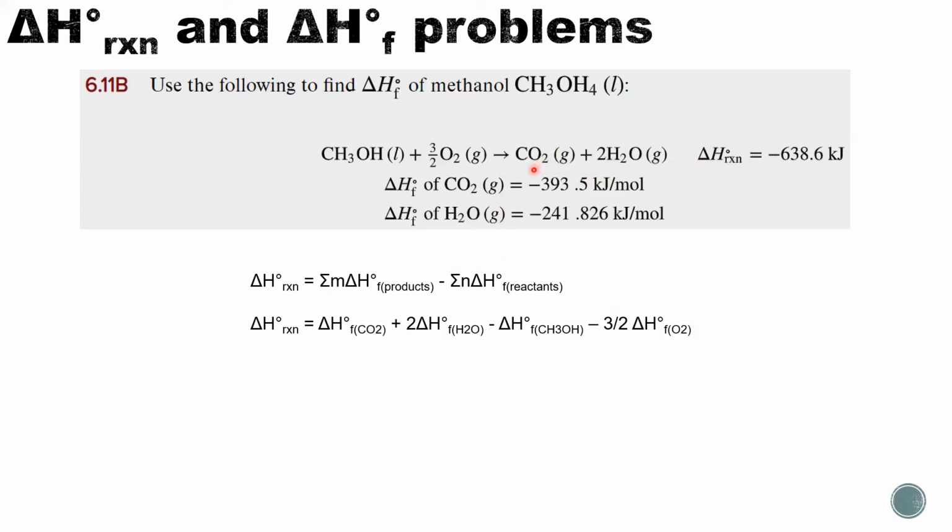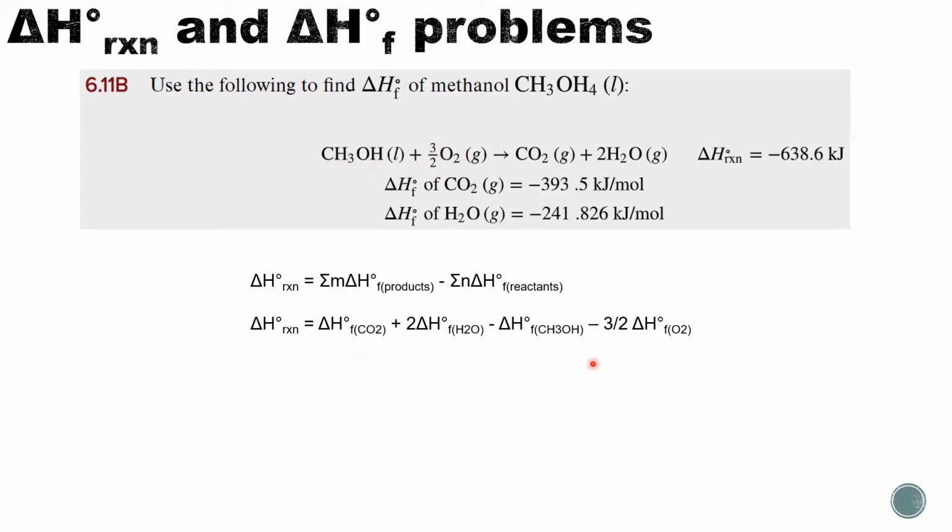The standard heat of formation of CO2 times 1 as a coefficient, plus the standard heat of formation of water times 2 as a coefficient. That's the product, minus the reactants: minus the standard heat of formation of methanol in liquid phase, minus the standard heat of formation of oxygen times 3/2 as its coefficient. So here, the second line is the expression of the equation.